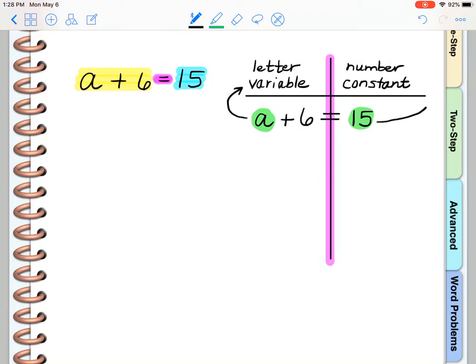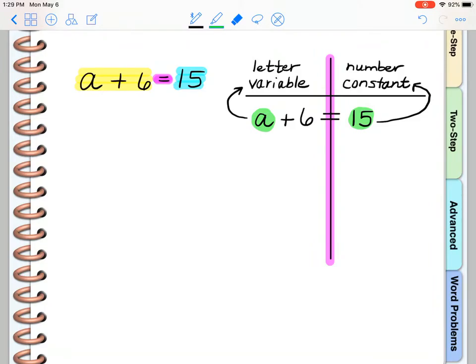The 15 is a constant and it's sitting on the constant team. Do you see that the plus 6 right there is the piece that is out of place? This is the part that needs to move. It's a constant on a variable team.